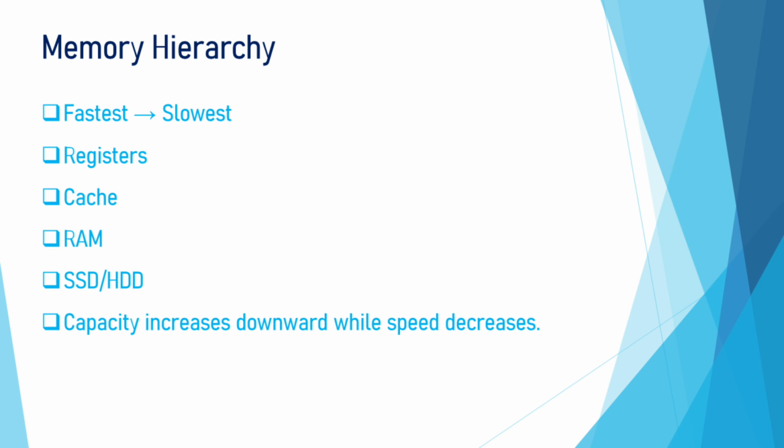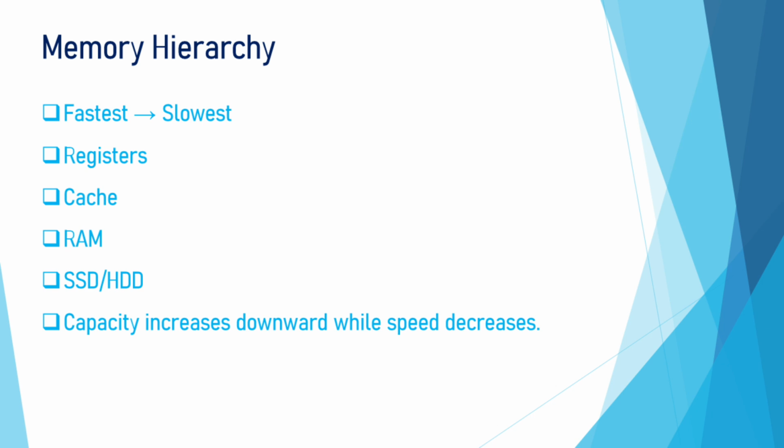Next, memory hierarchy. Let's now understand the memory hierarchy. At the top are registers. Next comes the cache memory, then the RAM. Finally, secondary storage like SSDs and hard disks. As we move downwards, storage capacity increases. However, speed decreases.